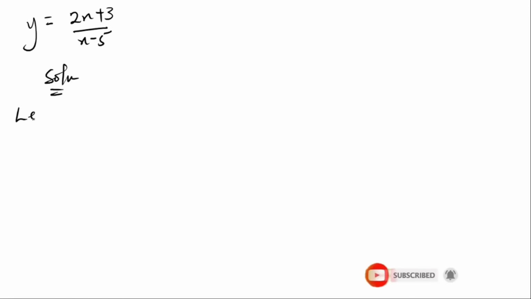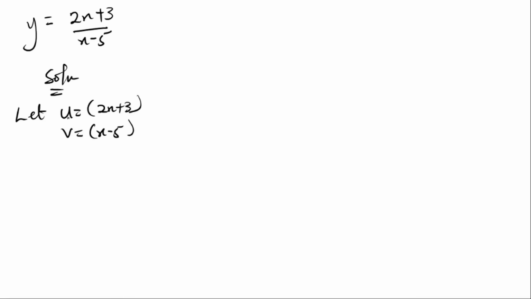So first of all, we say let u be the numerator, that is 2x plus 3, then v be the denominator, that is x minus 5. Now we need to differentiate these two functions. So du/dx, if we differentiate 2x plus 3, we differentiate 2x, we get 2. 3 is a constant, so we differentiate 3, we get 0.